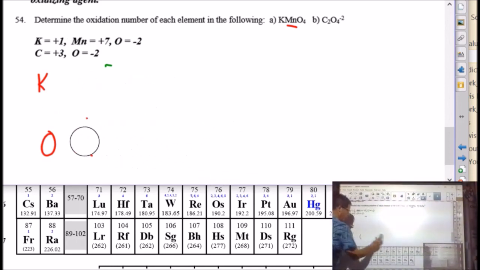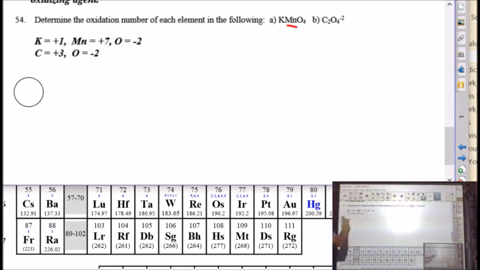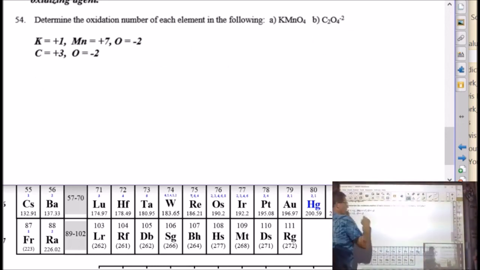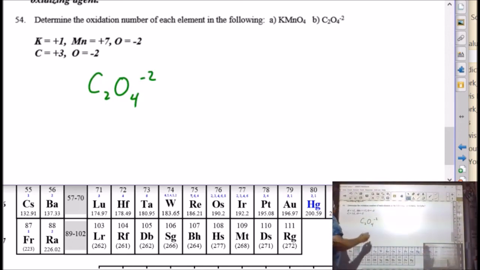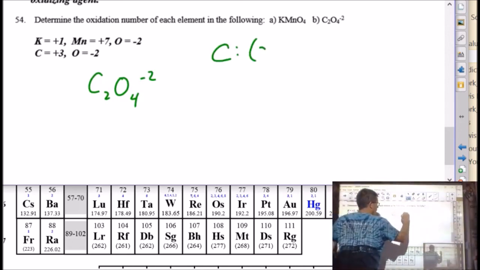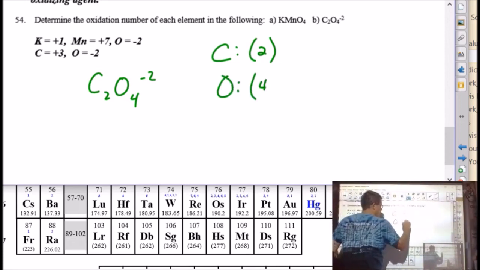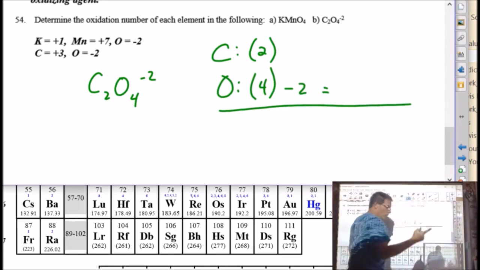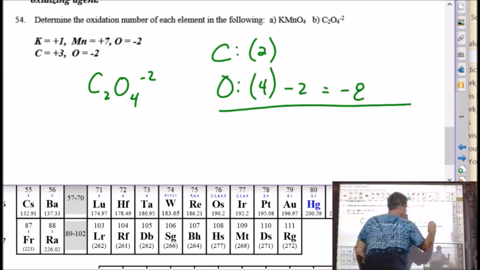C2O4, or oxalate. So oxalate, C2O4, -2. There's carbon, 2 of those, and oxygen, 4 of those. Again, oxygen's really easy, -2, so -8.